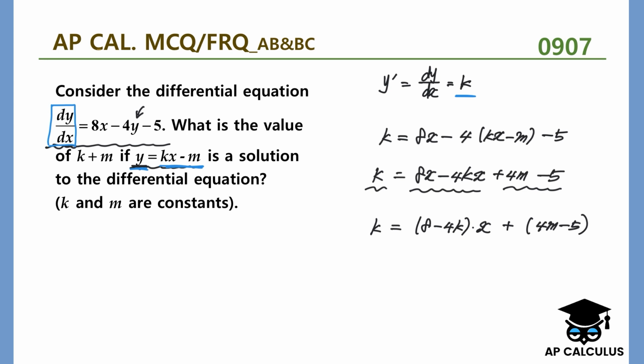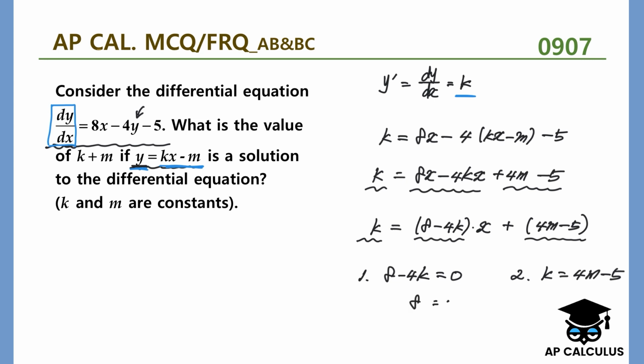The expression on the left hand side is equal to the expression on the right hand side when, number 1, 8 minus 4k must be equal to 0. Number 2, here we have the constant k on the left hand side and the constant 4m minus 5 on the right hand side, so k must be equal to 4m minus 5, right?